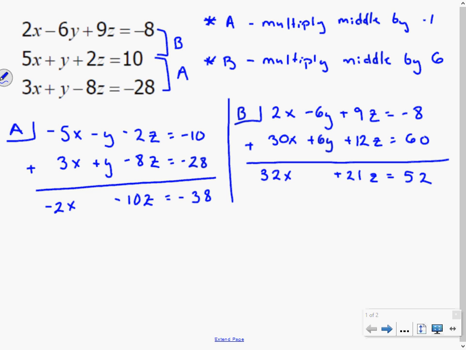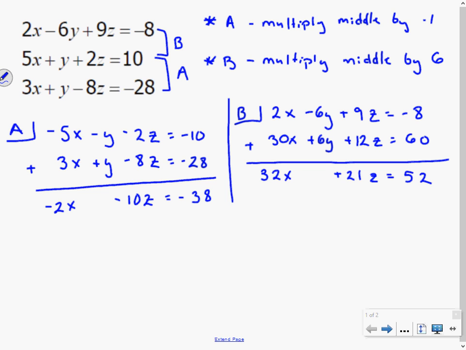We need to stack our equations, but we also need to decide which variable we're going to cancel out next. We're trying to decide what's going to be easiest. Is it going to be easier to cancel the x's or the z's? In my opinion, I think it's going to be easier to cancel the x's.